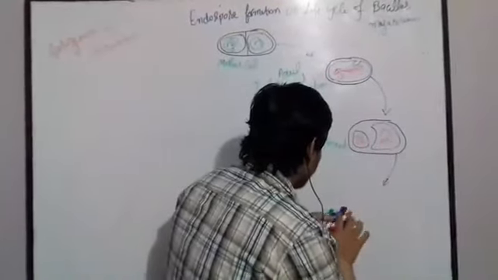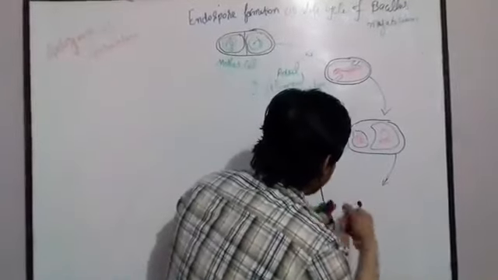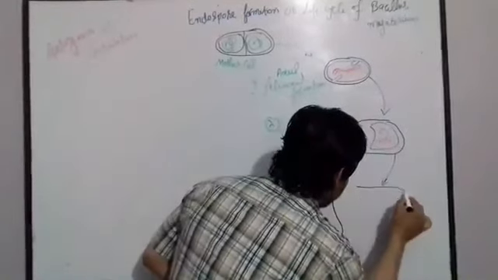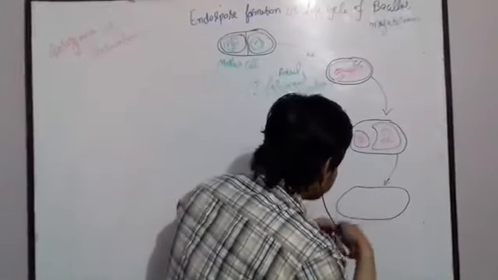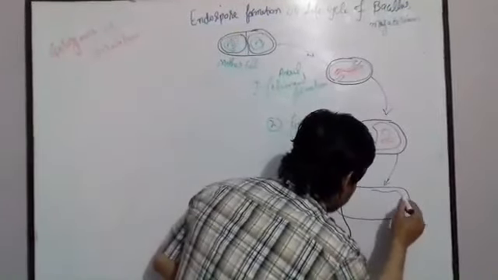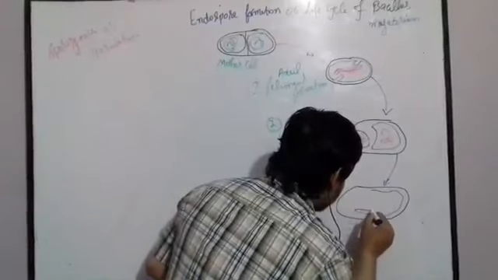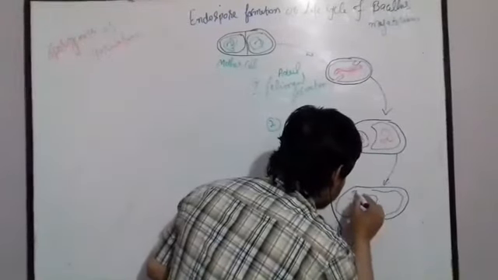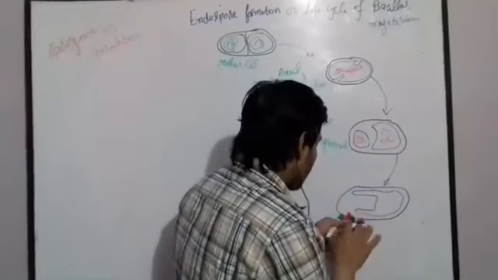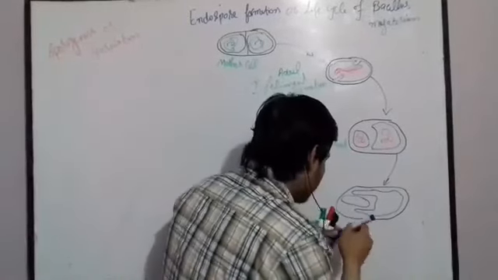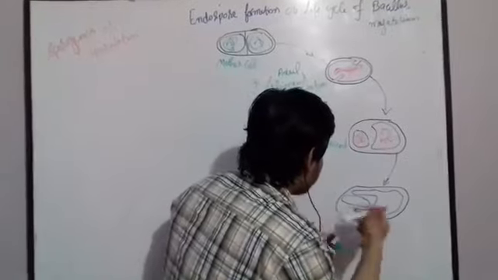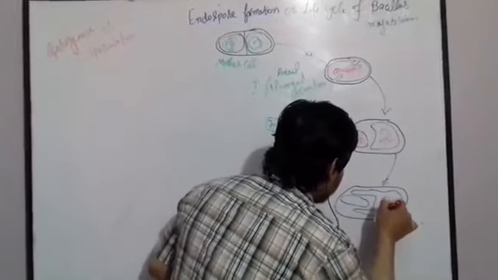So let me draw how. Let's suppose this is again the cell, Bacillus megaterium again, and this is the forespore, and it is ready to engulf this forespore. Now this is the forespore which is engulfed, and these are the genome of the Bacillus megaterium.